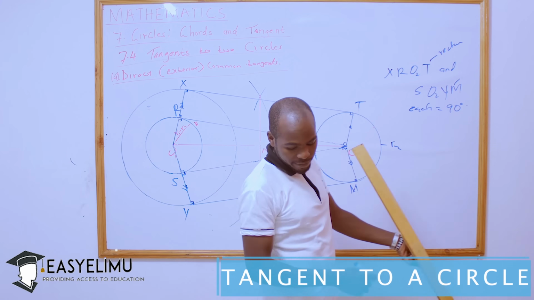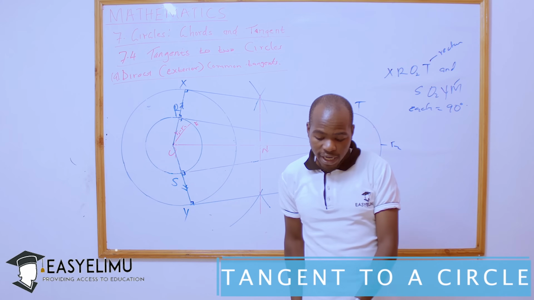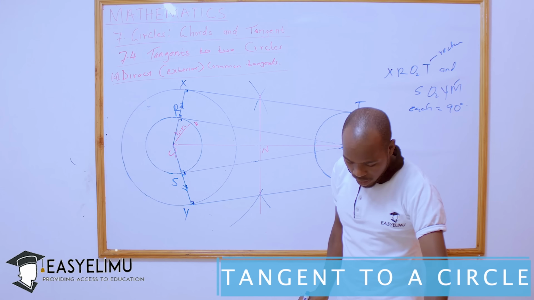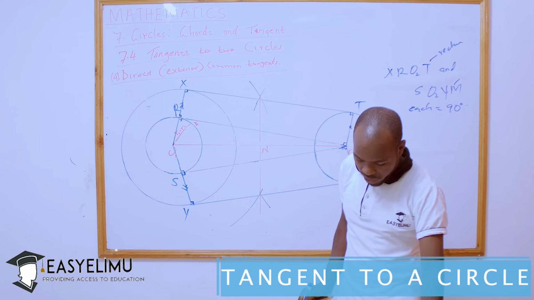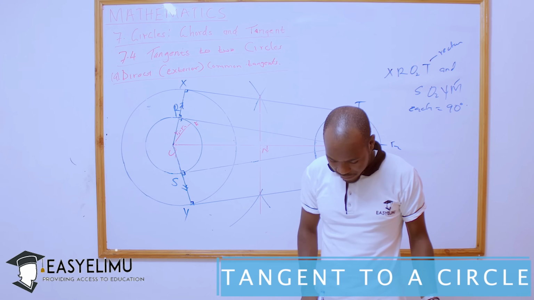So from there we have seen how we can construct direct or exterior common tangents. Let's go on and see how we can do the other way, and we shall be viewing a transverse or interior common tangent.